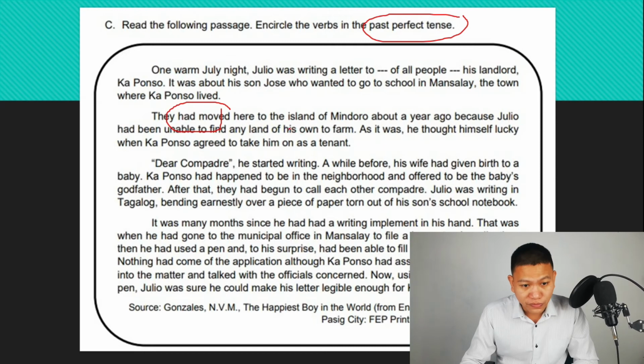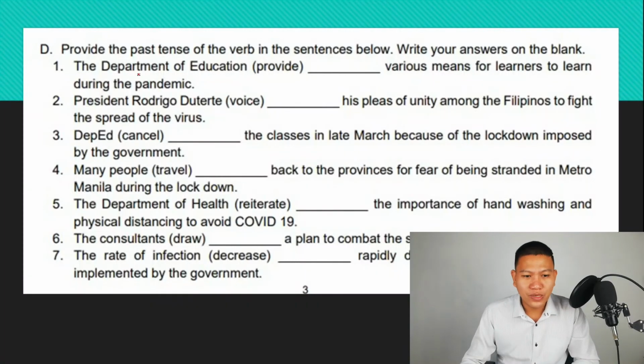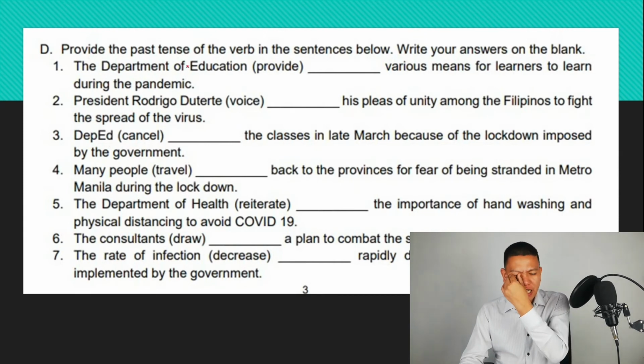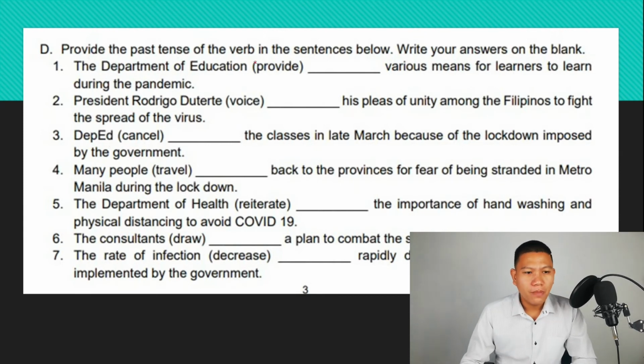They had moved here to the island of Mindoro about a year ago because Julio had been unable to find any land of his own. So it's for you to discover the other past perfect. We have the auxiliary verb had, and then we have the past participle verb moved. Okay, letter D. Provide the past tense of the verb in the sentences below. Write your answers on the blank.